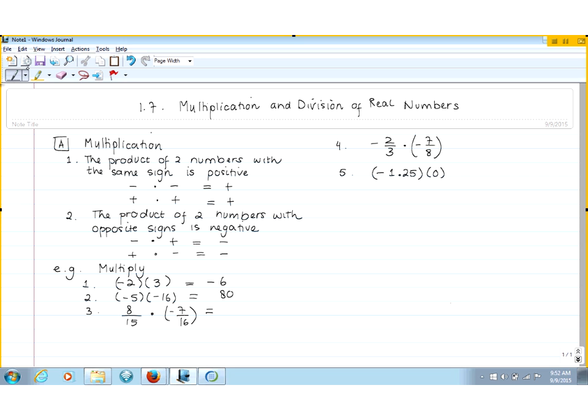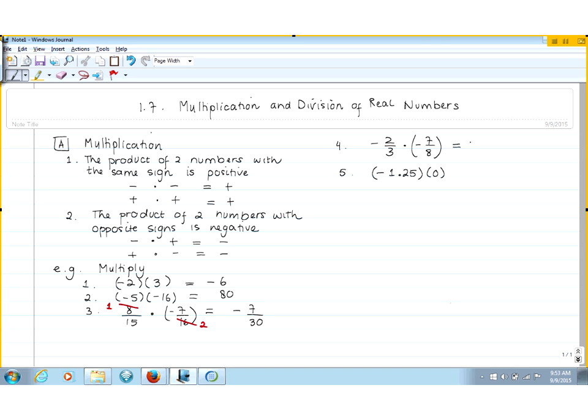Now, do we have to find a common denominator here? No, you're multiplying. You only find a common denominator when adding or subtracting. So here you cross-cancel common terms. So will it be negative or will it be positive? Negative 7 over 30. Good.